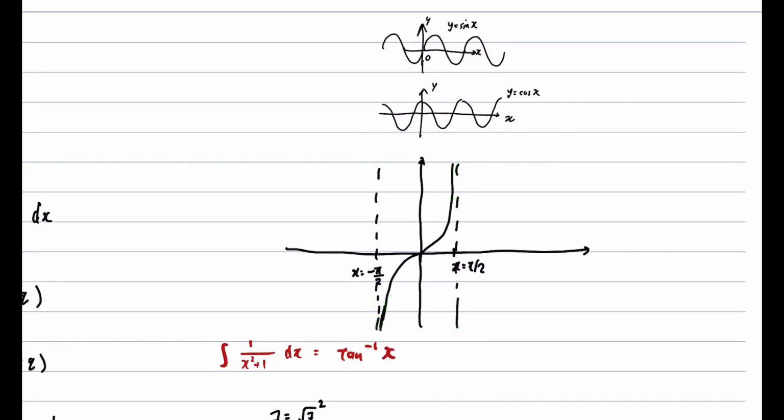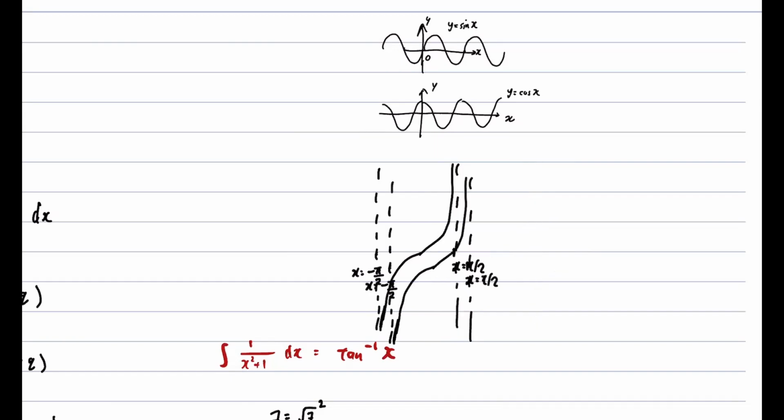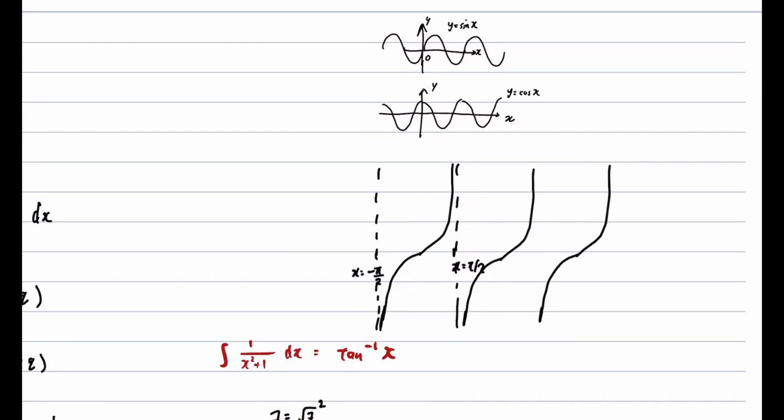Then you repeat. So let me copy and paste this. I can do this with our iPad. Copy and paste. Not very nice, let me try again. Basically it just goes on forever.